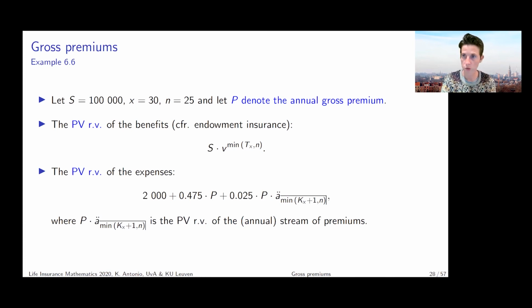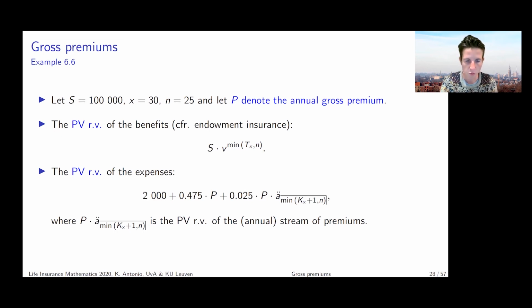So there is no discounting, there is no probability to be taken into account here. That's just the 2,000. Then we said what we need is 50% of the first premium as an initial cost. And afterwards, we're only going to have 2.5% of every premium as a cost to be covered throughout the rest of the contract.